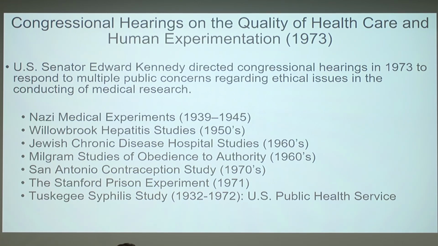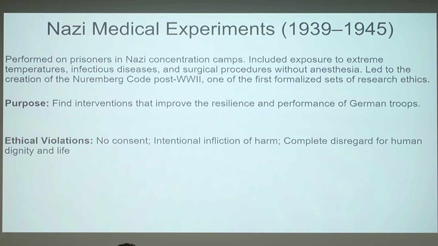So we're going to talk about a few of these cases. First one, I mentioned what happened during WW2. The Nazis conducted a number of unethical studies in concentration camps. They used extreme temperatures. They performed surgeries without anesthesia.